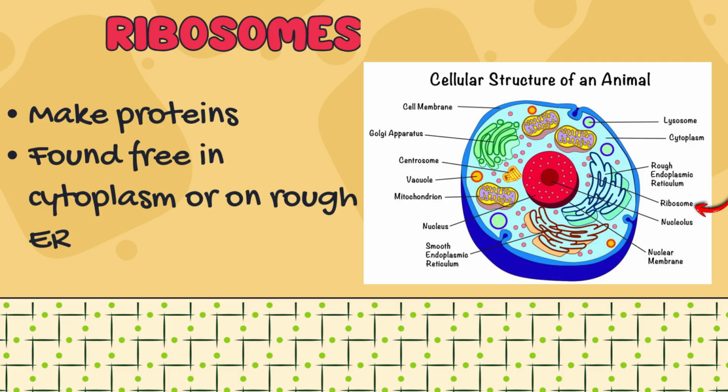So that's what the ribosome is. The ribosome is the site where proteins are made. And you find these ribosomes either freely in the cytoplasm, or they're on the rough endoplasmic reticulum.